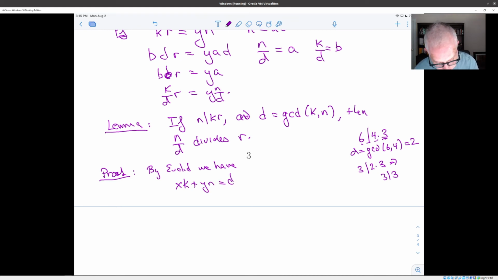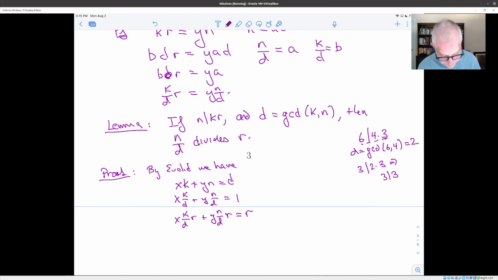And therefore, we know that d is the greatest common divisor of both K and N, so it divides K and N. So we can factor it out. So we have x times K over D plus y times N over D equals 1. And then we multiply that by R, and we get x times K over D times R plus y times N over D times R equals R.